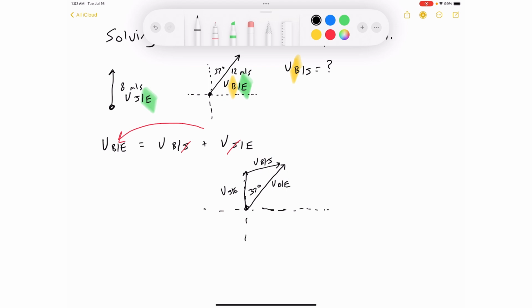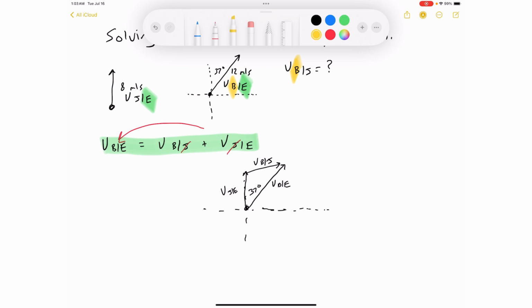Now what I want to do is analytically figure out what the velocity of the ball relative to 1 actually looks like. What's the actual velocity in meters per second, and where is it? Okay, so let's do that. I have this equation, but I want to look for V, the velocity of the ball relative to 1.